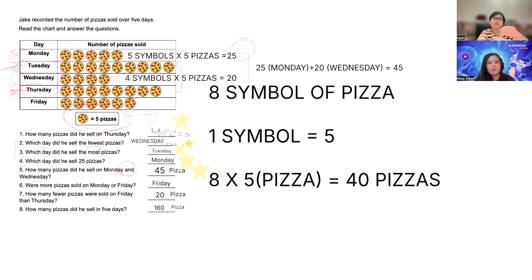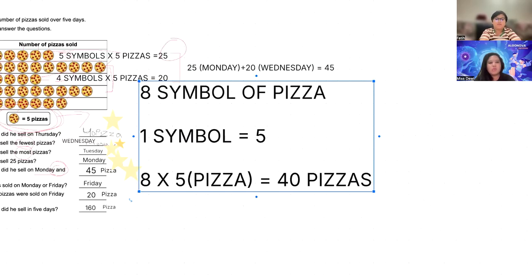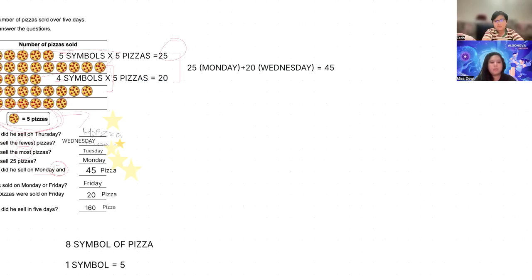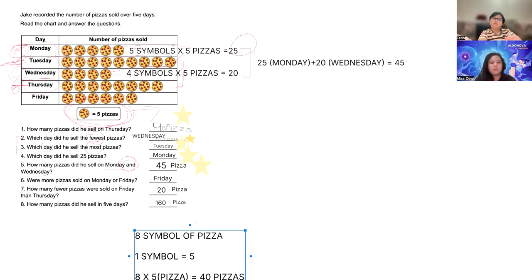Okay, let Miss Dewi, this is for number 1, yeah? We put the answer for number 1 in here first. Yeah, so later on we know which answer is for what.